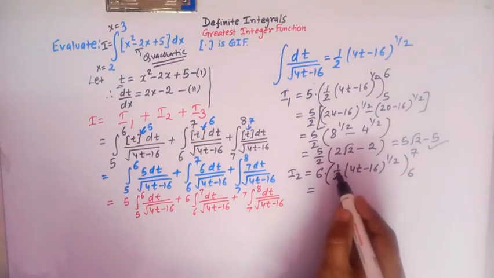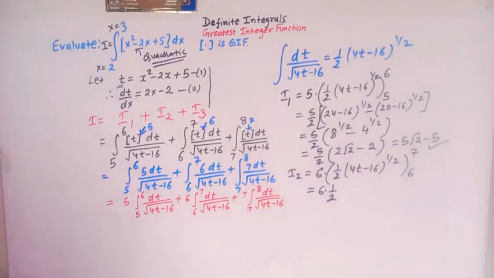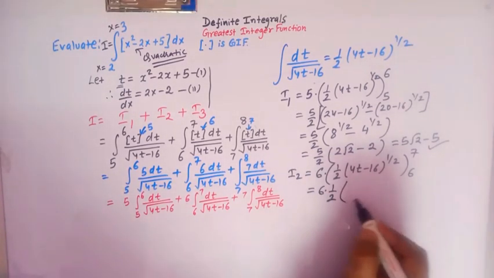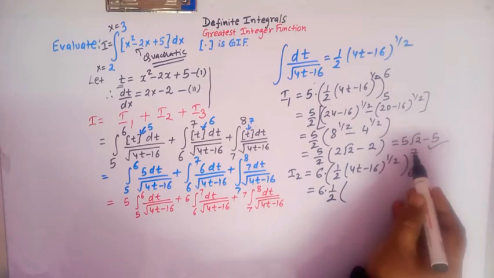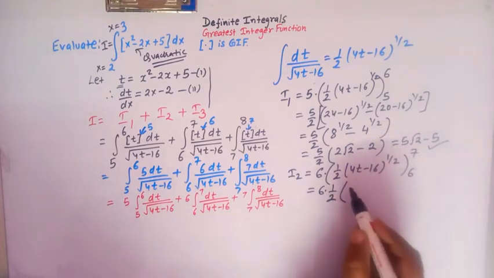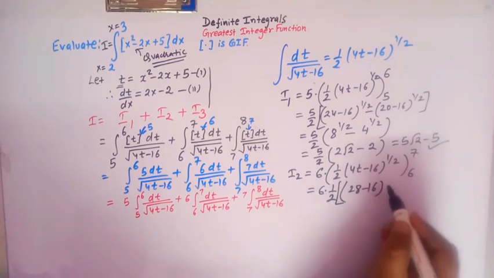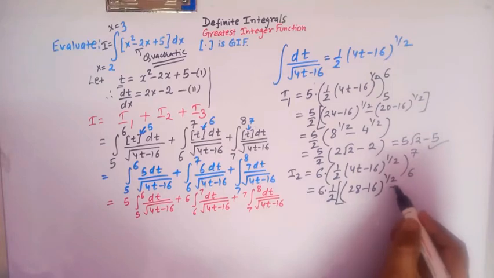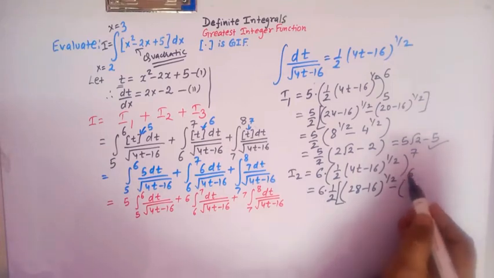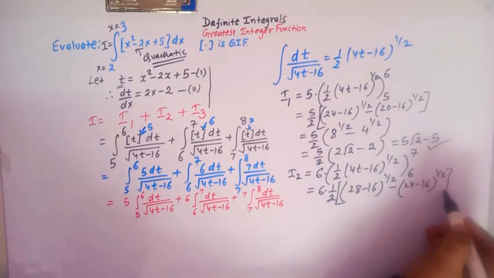So now taking half outside, we have 6 multiplied by 1 over 2, and taking t equal to 7, so we have 7 fours are 28 minus 16 raised to 1 over 2 minus, we have 6 fours are 24 minus 16 raised to half, right?